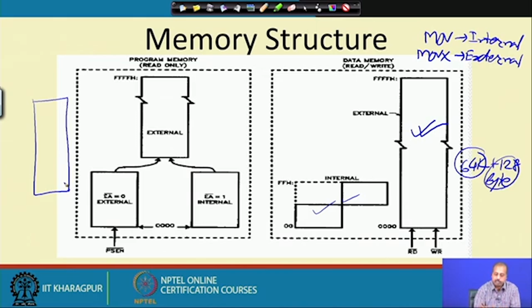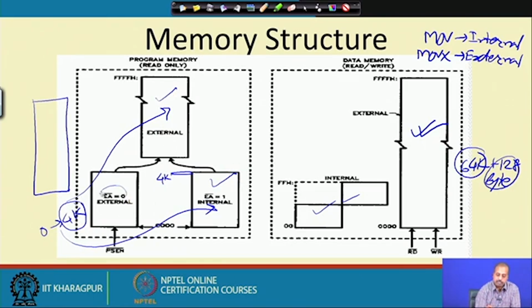However, if the EA bar line is equal to 1 and the maximum internal address is say 4K, then for the address range 0 to 4K it will access the internal ROM, and when the address goes beyond this 4K, it will be accessing the external ROM.